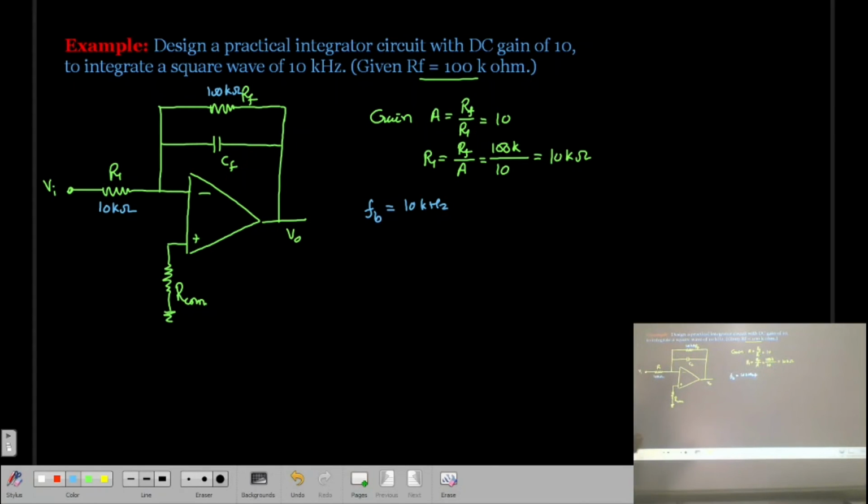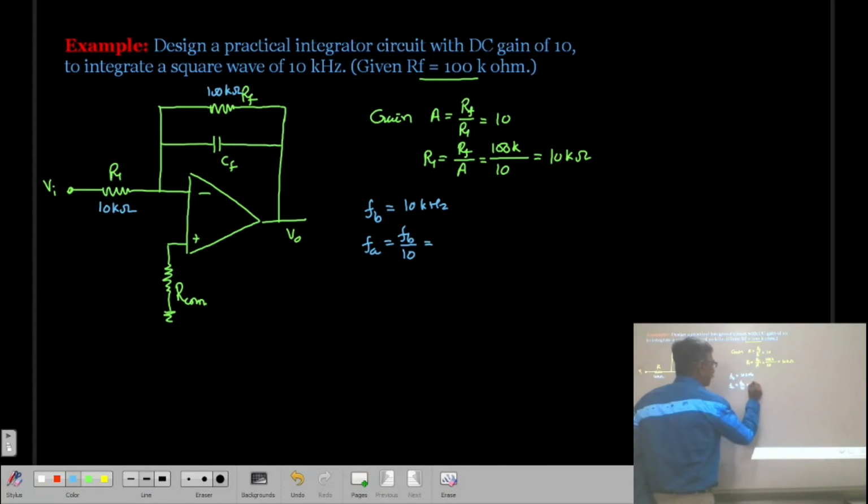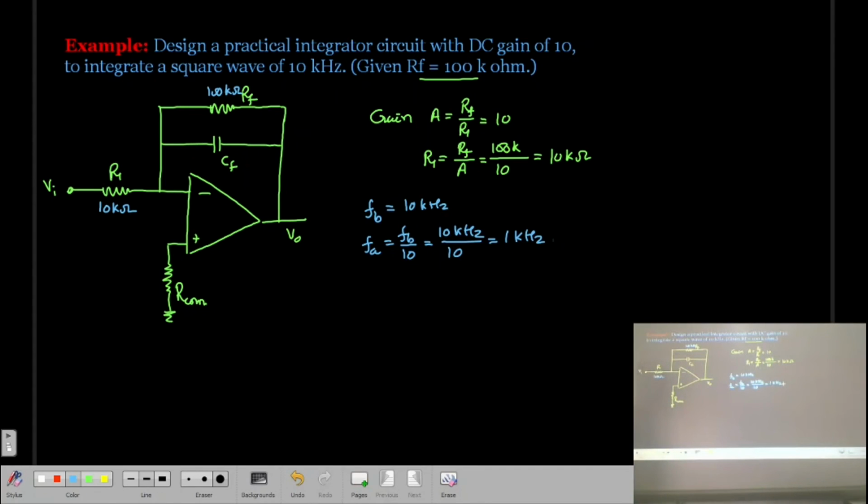Now what is the relation between FA and FB? FA is given as FB by 10. So here we have 10 kilohertz divided by 10, and this corner frequency comes out to be 1 kilohertz.